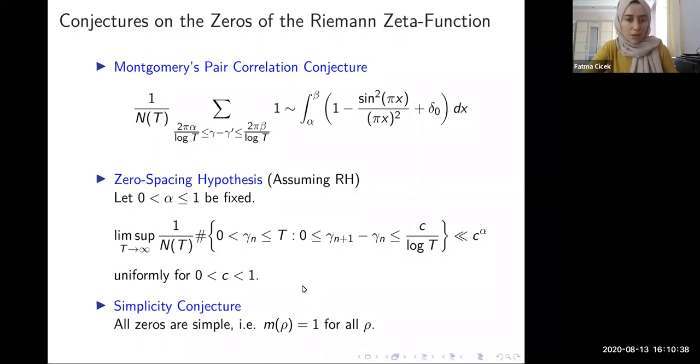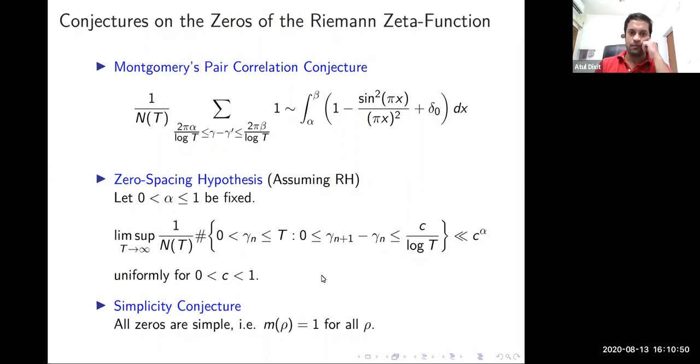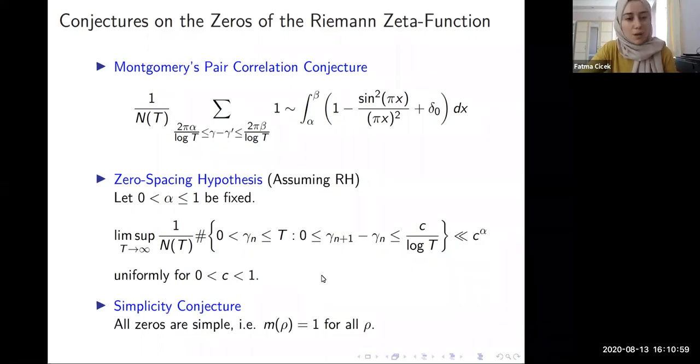And we also have the simplicity conjecture. So you can see that the zero spacing hypothesis has some information on possible repeating zeros, but a stronger version of that will be when all the zeros are simple. We don't know any zeros that have multiplicity bigger than 1 so far.